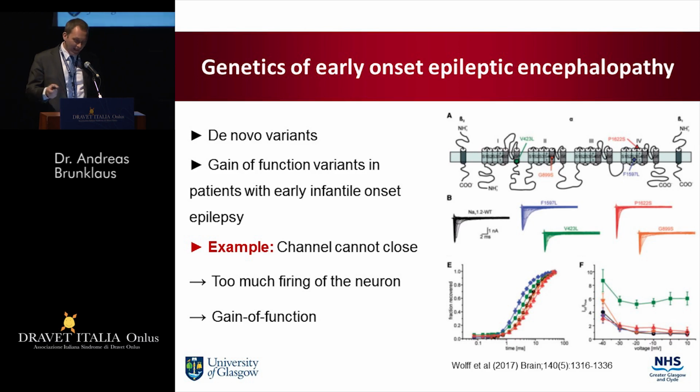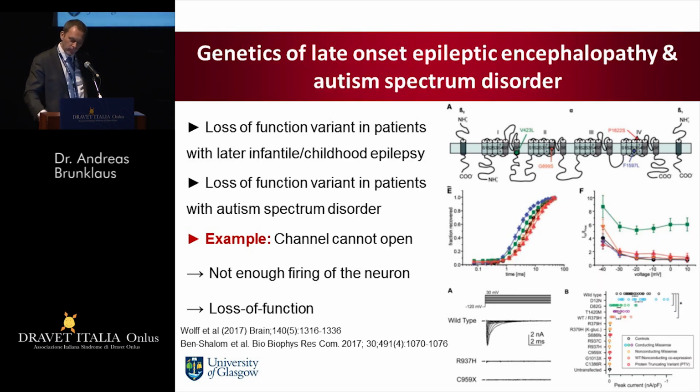If you then look at the late onset epileptic encephalopathies and autism spectrum disorder, those tend to be variants associated with loss of function. An example would be if the channel cannot open, or the channel is not expressed, you might not have enough firing of the neuron, resulting in a loss of function.